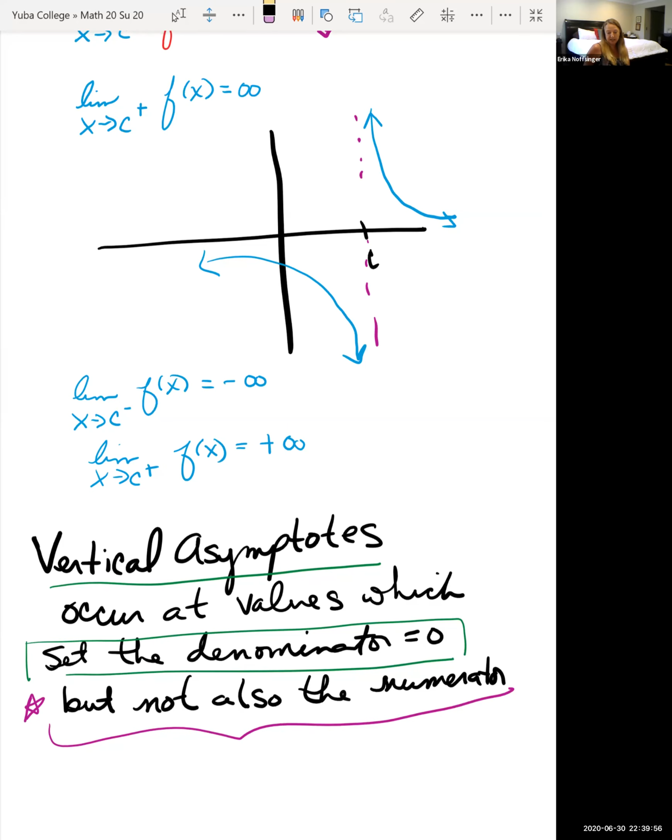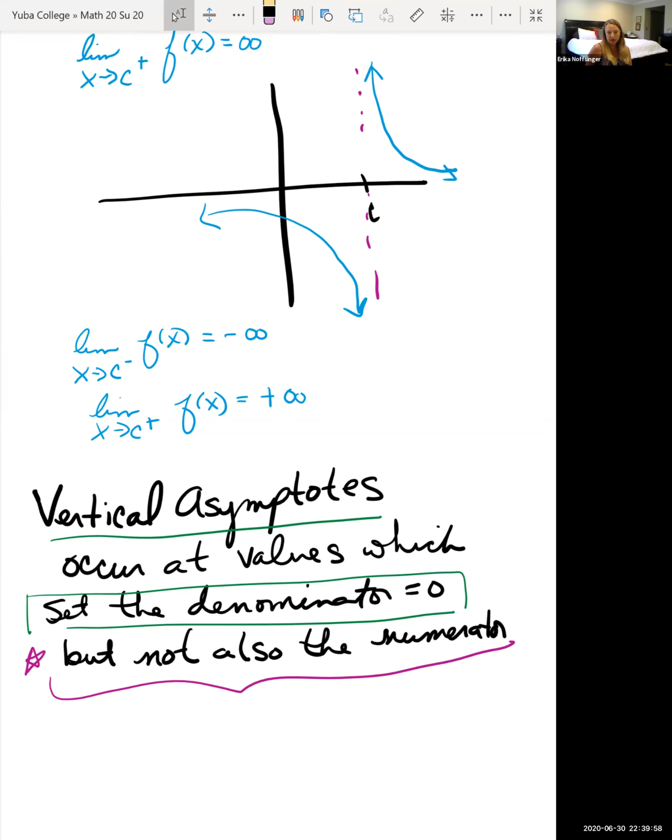If a value sets both the numerator and denominator equal to 0, well, it's still undefined because you can't have any value which sets the denominator equal to 0. But what's happening there is that you have an open circle instead of an asymptote.